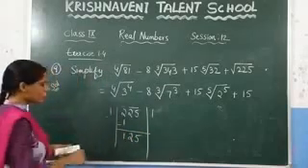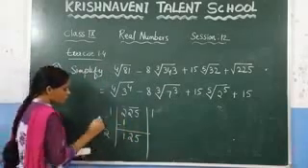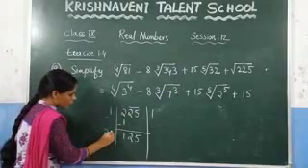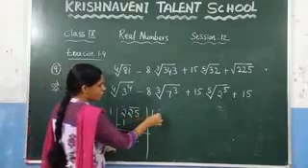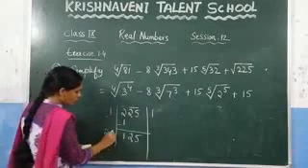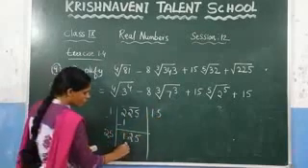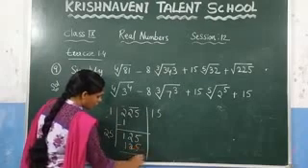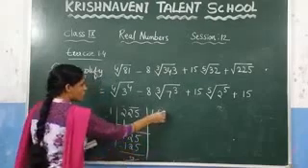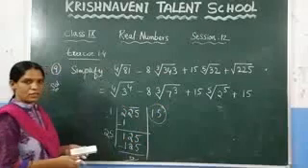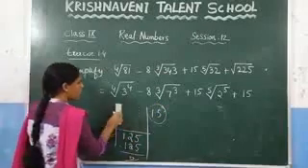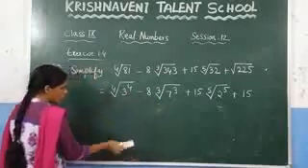You have to double the number, so 1 plus 1 is 2. You need to write one number here such that the same number is written here. Which number can you write? 5 and 5. You know that 25 into 5 is 125. So you will get 125, which leaves 0. So what is the square root of this? 15. You already studied how to find the square root in your earlier classes.